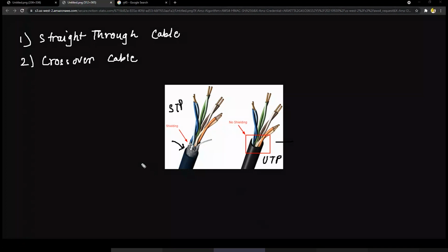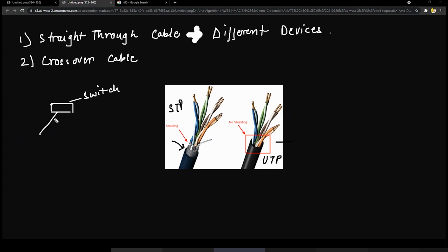Okay, so straight through cable is used between different devices. And what we mean by different devices is, we just discussed a device called switch, which was there to connect different PCs together.